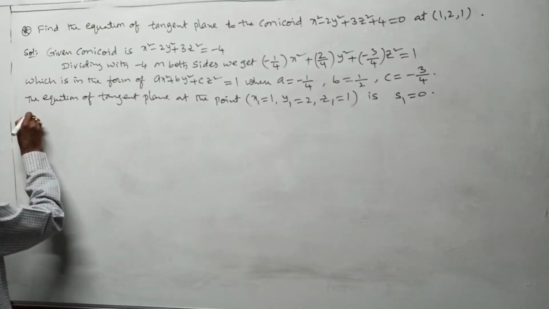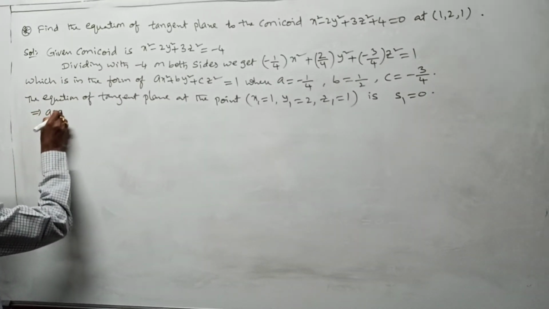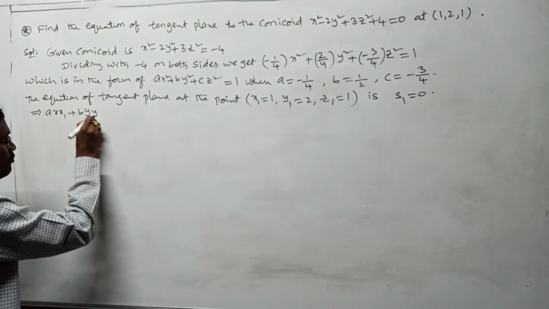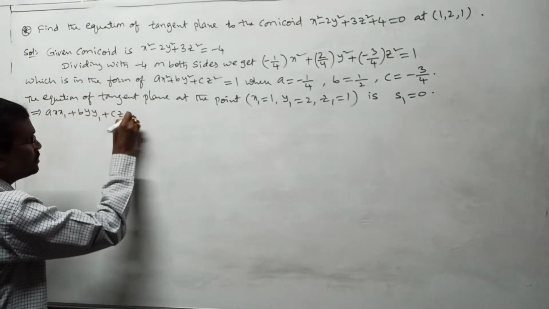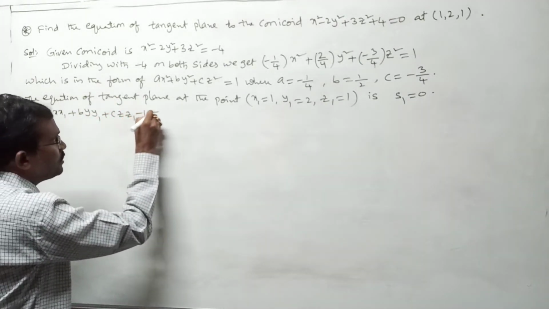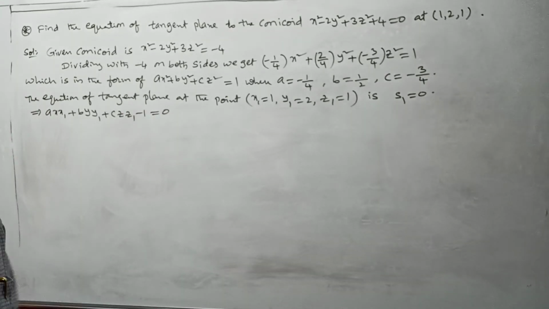But what is S1? It is axx1 plus byy1 plus czz1 minus 1 equal to 0, or equal to 1, any order you can write. This is S1.